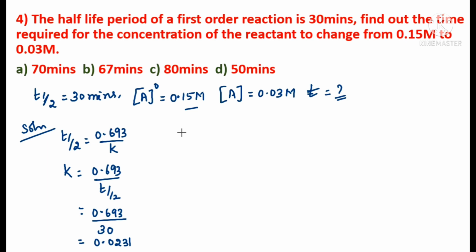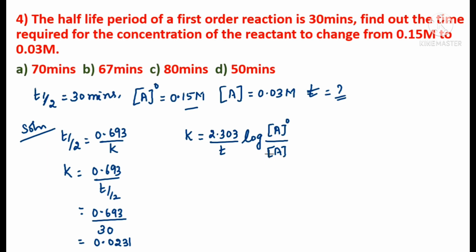Now we are going to make use of this K value 0.0231 in the rate equation. Okay, for the first order, right? So for the first order, the rate constant equation is like this: K equals 2.303 by T log concentration of the reactant in the initial stage by concentration of the reactant after some time.